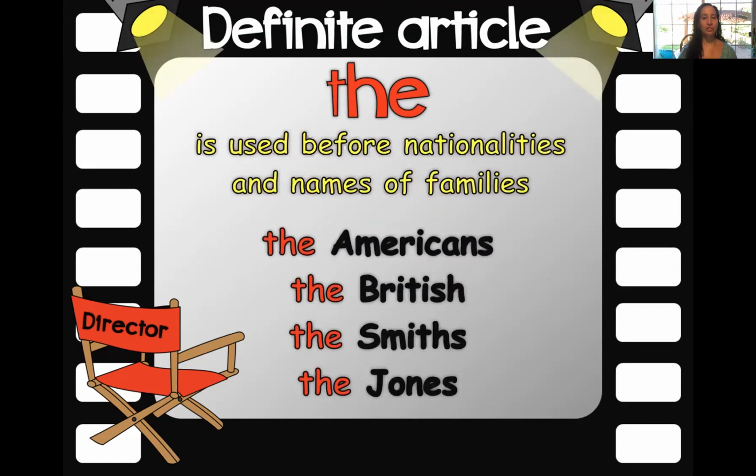We also use the definite article the before nationalities and names of families. For example, the Americans, the British, those are the nationalities, okay? And the names of families, for example, the Smiths, the Jones. So what is your nationality? And what is the name of your family?